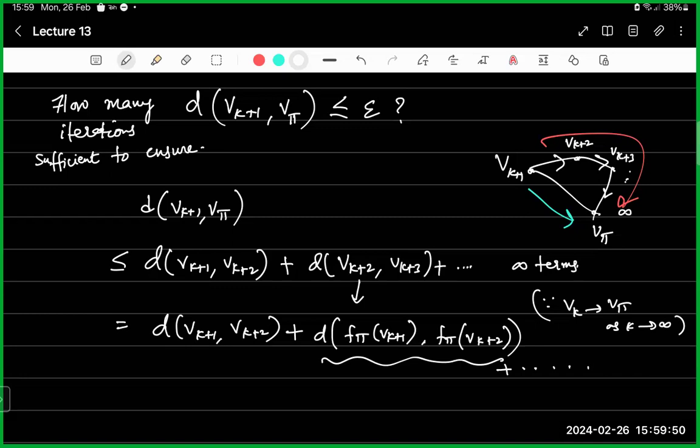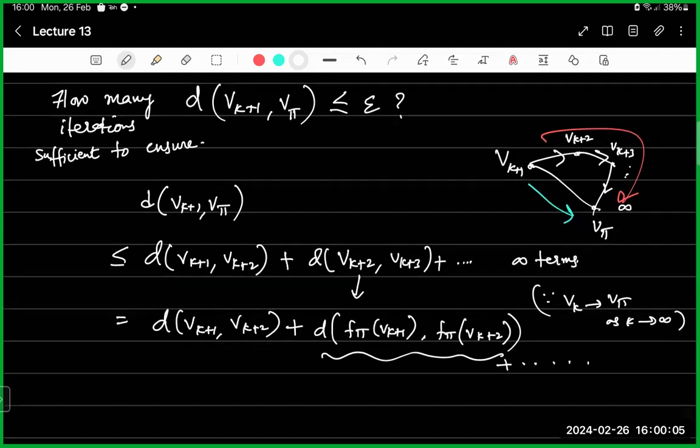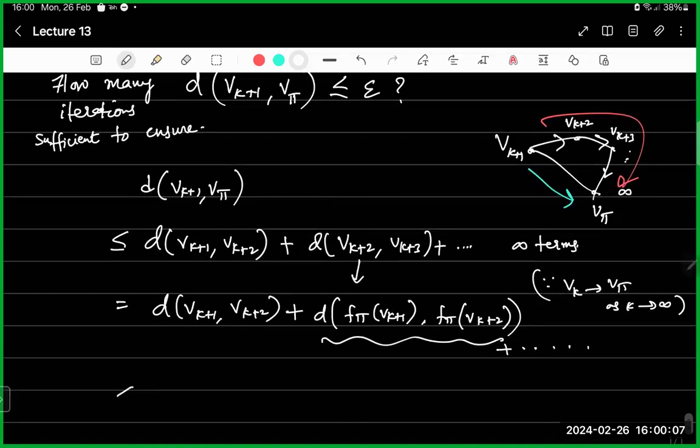So that means this distance, what did we prove exactly? We did not just prove less than, right? We proved less than or equal to some gamma times the previous thing. So this is less than or equal to gamma times d of v k plus 1 comma v k plus 2.